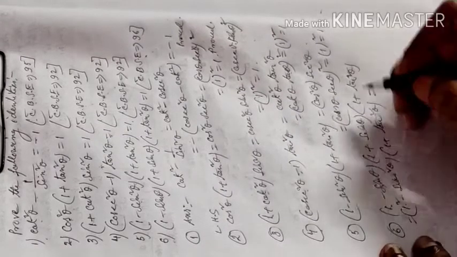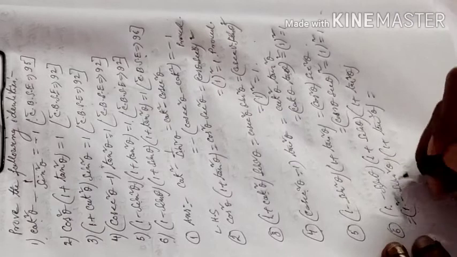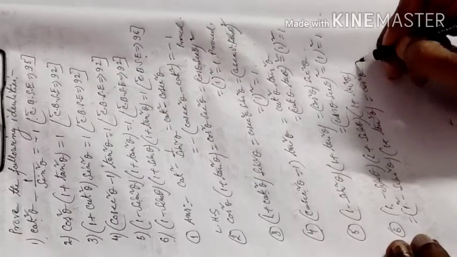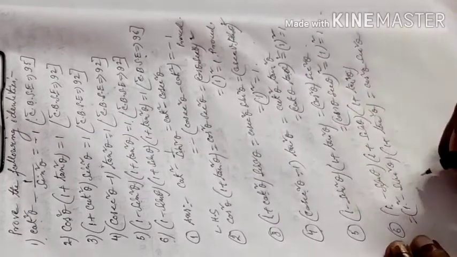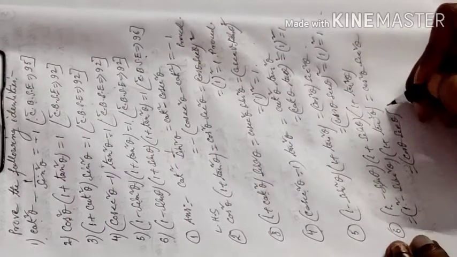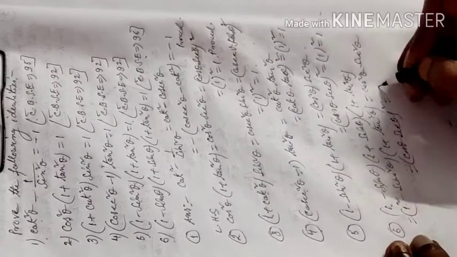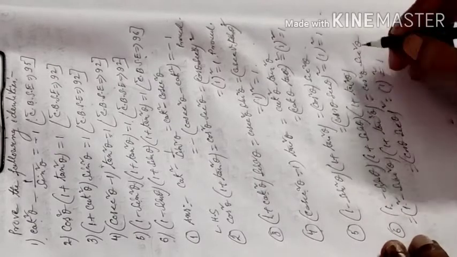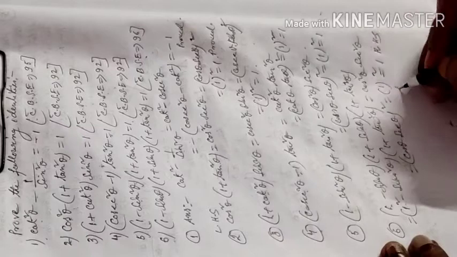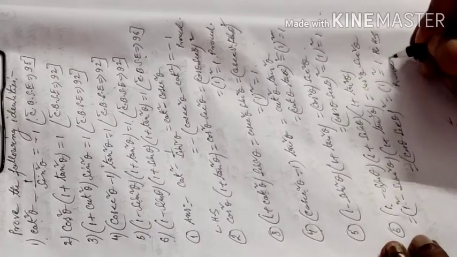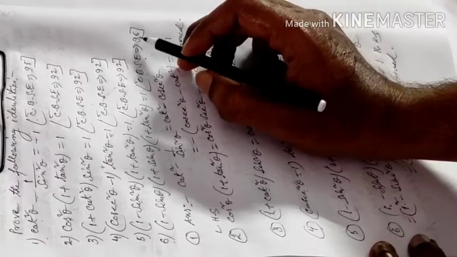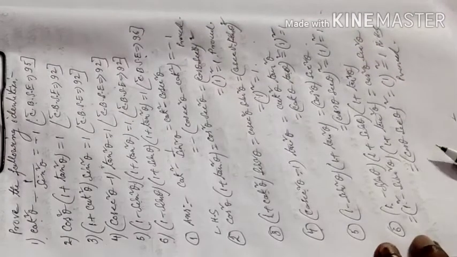So 1 minus sin square theta is equal to cos square theta into 1 plus tan square theta, which is sec square theta, which is cos theta into sec theta whole square. Cos theta into sec theta is equal to 1, square is equal to 1, is equal to right hand side. Proved. This question has come in from CBSE in year 1996. Very easy sum. Okay.